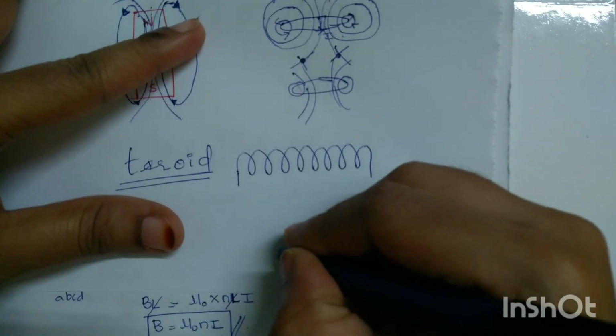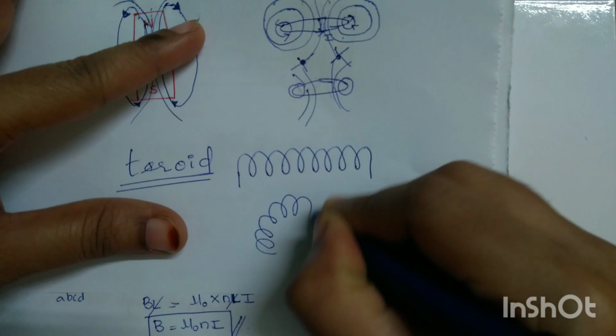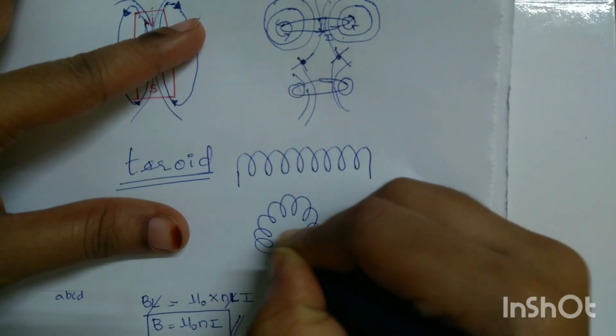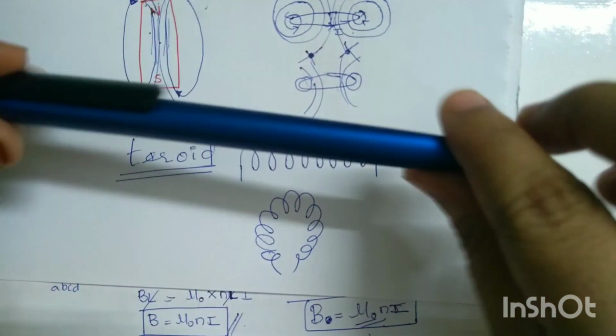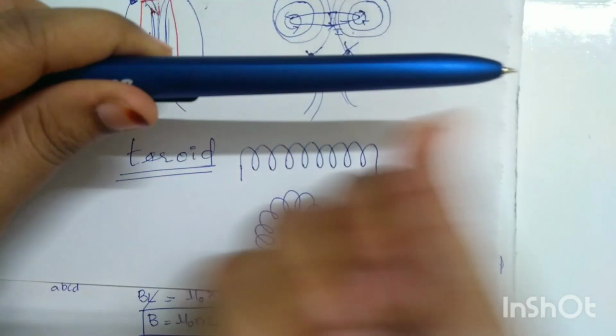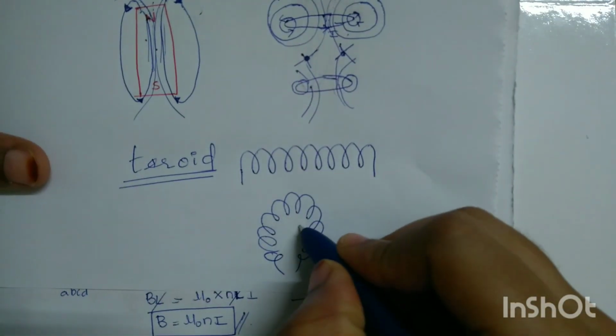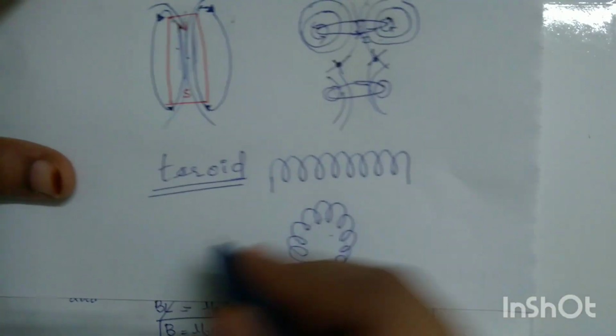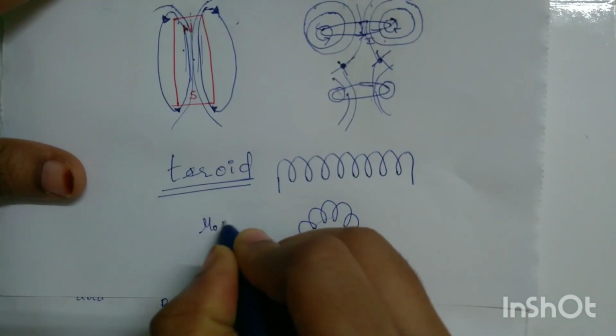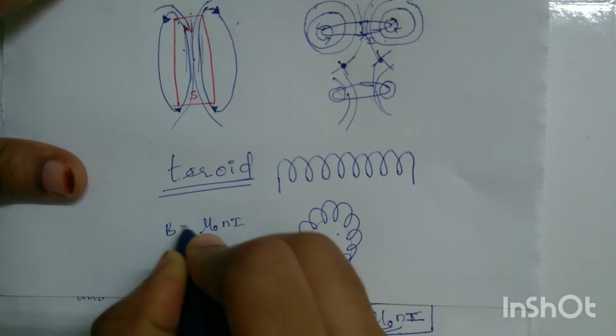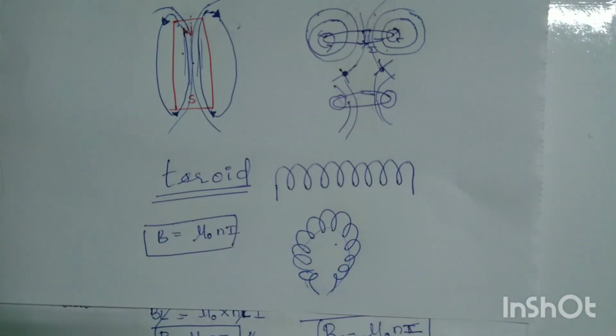When you bend the two ends of the solenoid like this, we get a toroid. The expression for the toroid is also given by mu naught n I, which is similar to the solenoid. Hope you have understood what a solenoid is and what a toroid is.